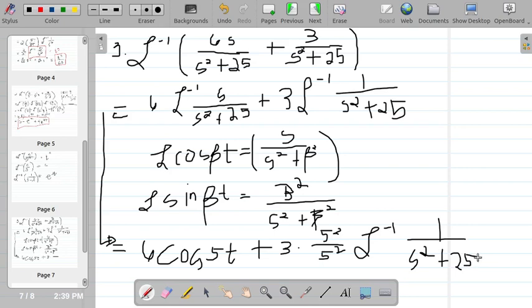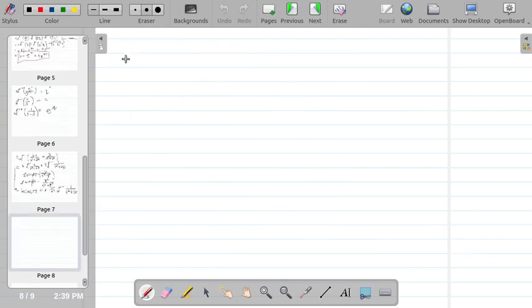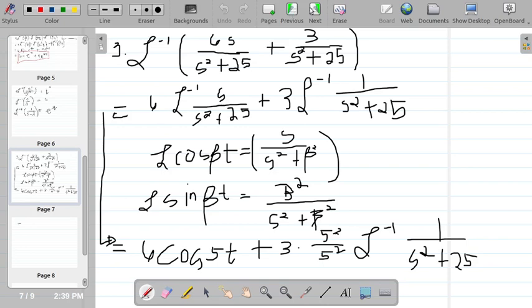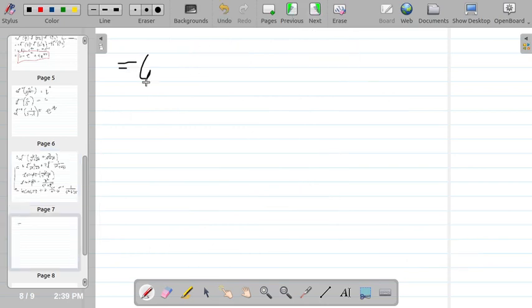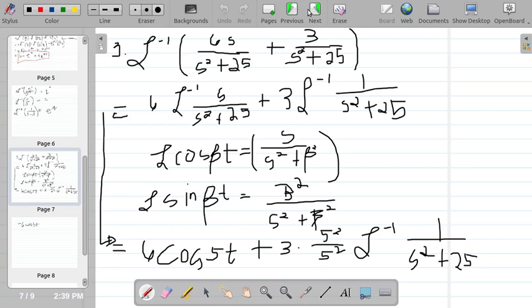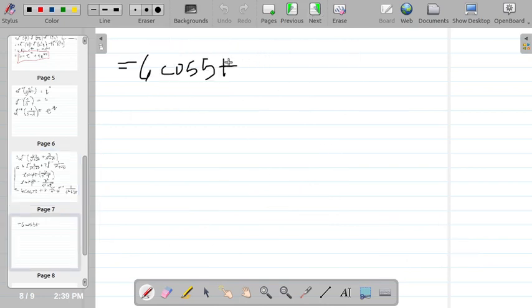Previously we had 6 cosine 5t plus 3 over 5 squared.